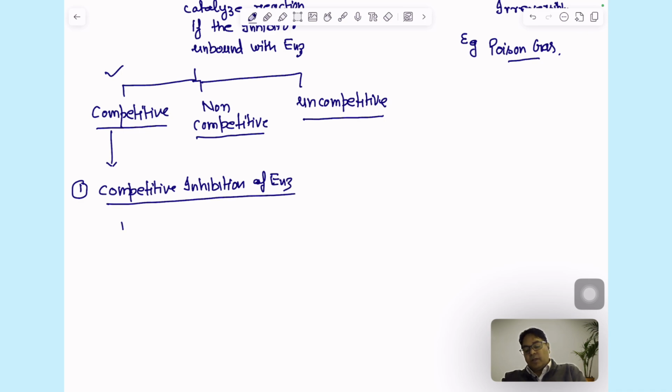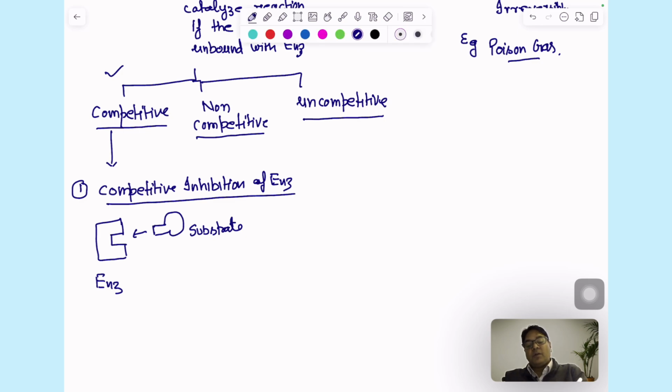The inhibitor combines with the enzyme and competes for the active site with the substrate. So for example, this is the enzyme and we have a substrate here. The substrate wants to go to the active site of the enzyme. This one is the active site of the enzyme.